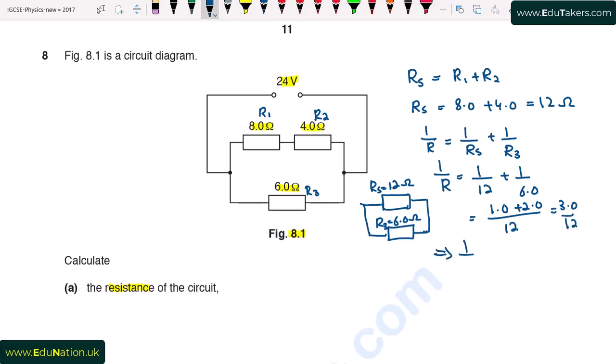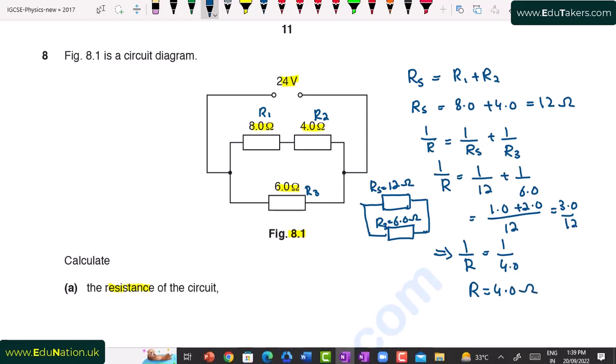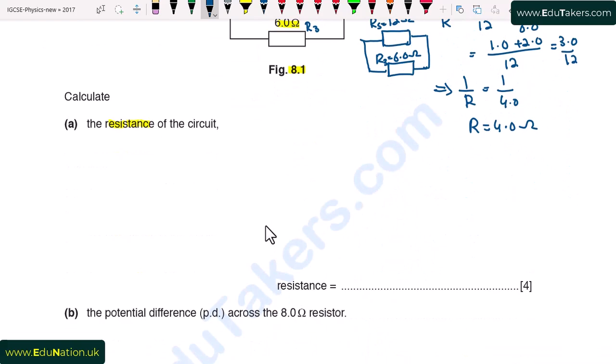Here I write 1 over R is equal to 1 over 4.0. Now we have to find the value of R. So by cross multiplication, R will be equal to 4.0 ohm. So this is the resistance of the whole circuit. I write here, resistance is equal to 4.0 ohms.